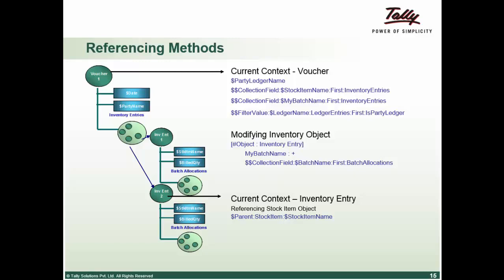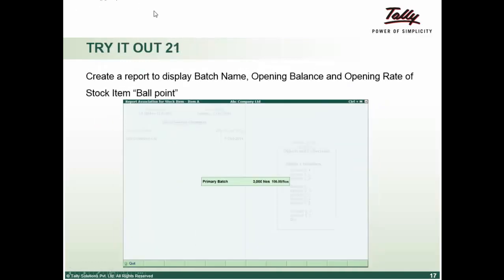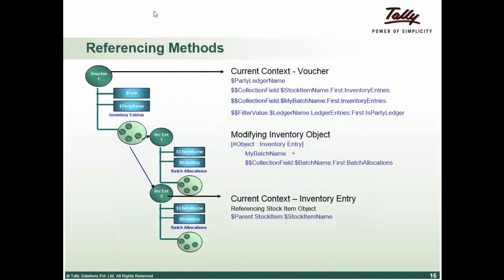As you can see on the screen, if you directly want to call a value from the voucher, you can do $PartyLedgerName. However, if you have to call a value from the inventory object, you will first have to make use of a function, $CollectionField, $StockItem, first inventory entry, to retrieve the value of the first inventory entry.